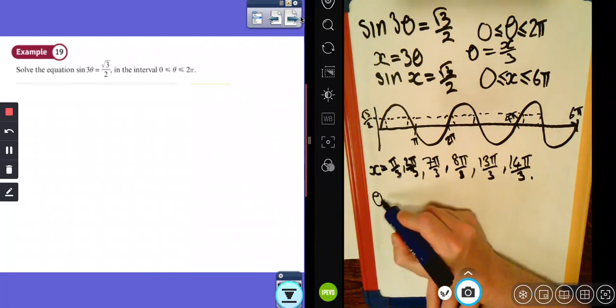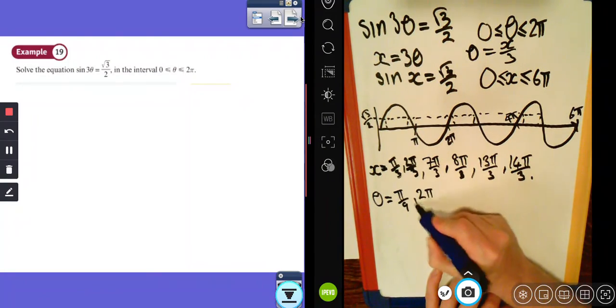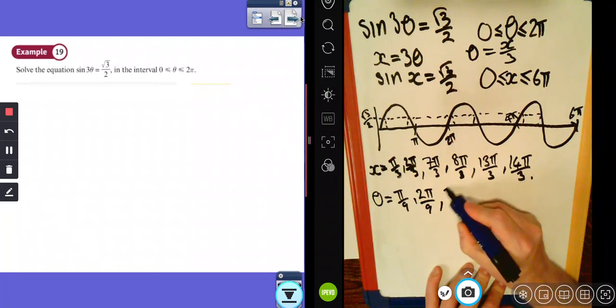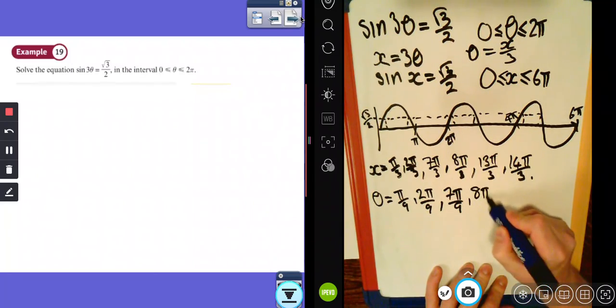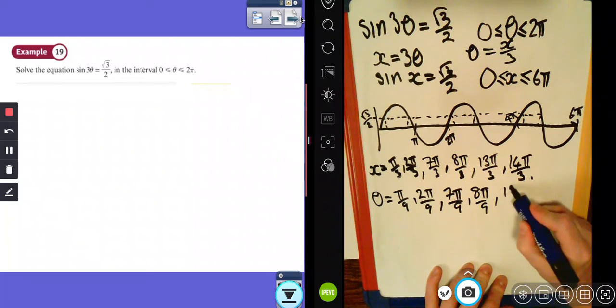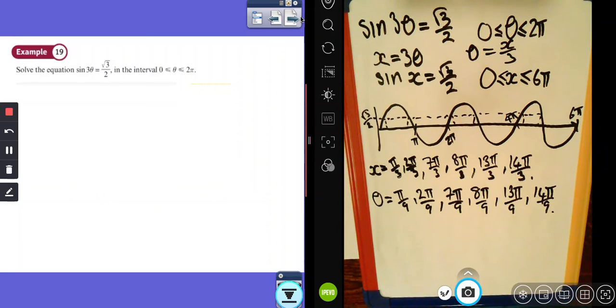So we get theta equals pi over 9, 2 pi over 9, 7 pi over 9, 8 pi over 9, 13 pi over 9, and 14 pi over 9. And we're done.